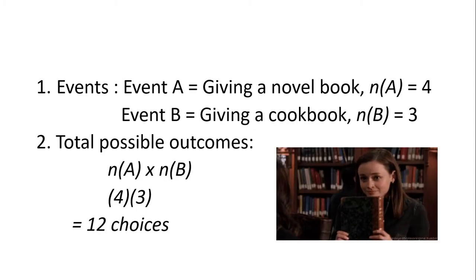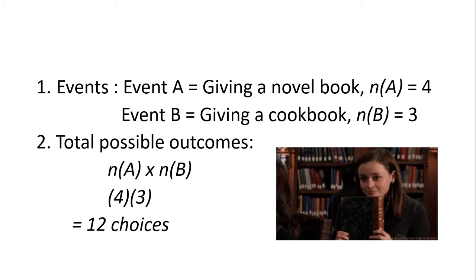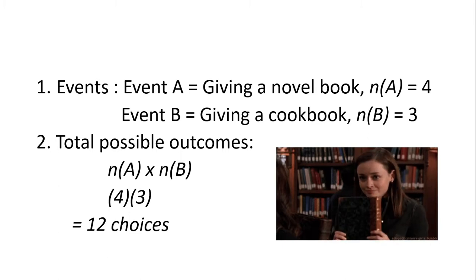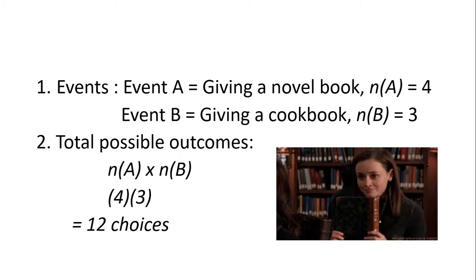In our problem, we will identify the events as Event A, which is defined as giving a novel book. Since there are 4 novel books, we represent the number of outcomes of Event A as n of A equal to 4. We define Event B as giving a cookbook. Since there are 3 cookbooks, n of B, or the number of outcomes of B, is equal to 3.